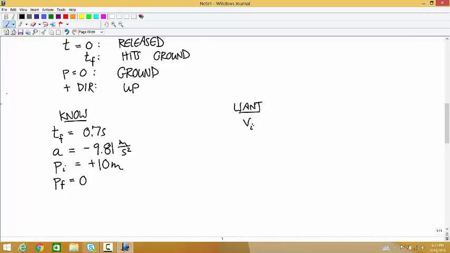We don't know. We don't care. So now we're looking for an equation that works with these. It looks like this should work. PF is equal to PI plus VI TF plus 1/2 A TF squared.